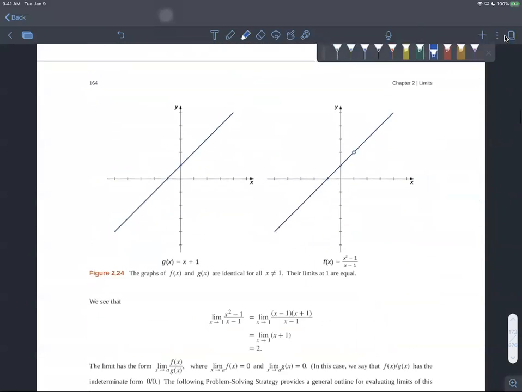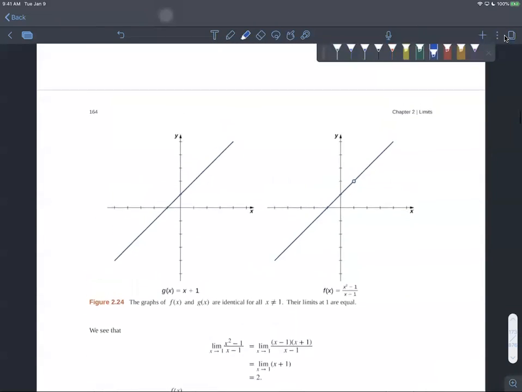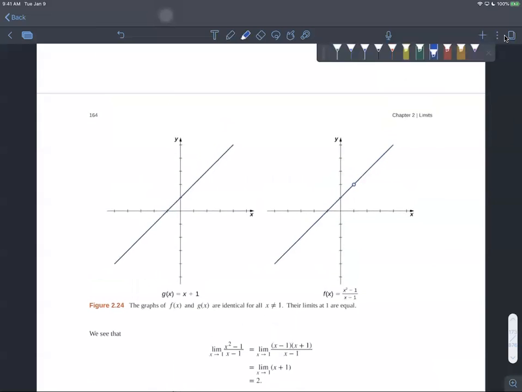So let's take a look at the graphs, and we see the two graphs are almost identical, except one has a spot where it's not defined, and g of x is defined everywhere. The graphs of f of x and g of x are identical for all x not equal to 1. Their limits at 1 are equal.